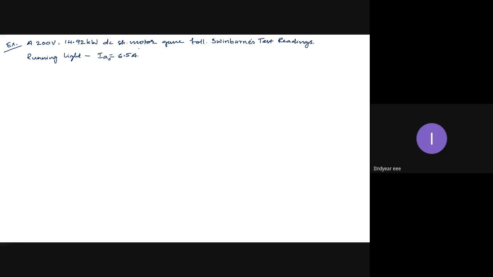Running light means no load. Light load condition, light running condition means no load condition. That is one more name for no load condition. ISH is 2.2 amps.